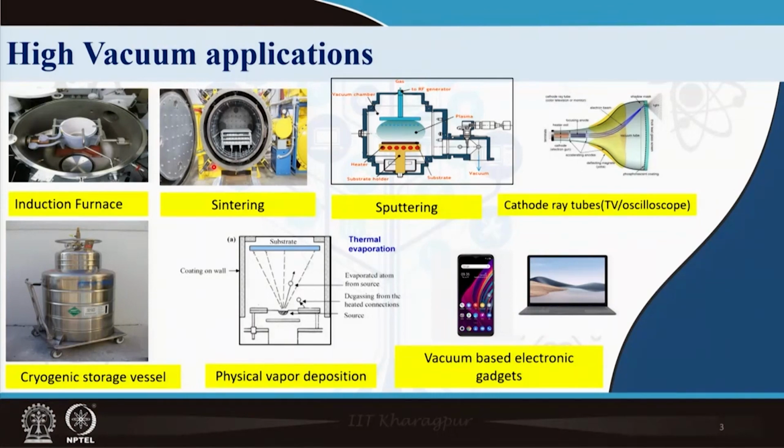But background vacuum should be 10 power minus 6 millibar, otherwise impurities will be there which will interact with this melt and then spoil the mechanical, thermal, various other properties which are related to microstructure of these metals and alloys. So, vacuum metallurgy is a big field, there are quite a good number of books available.